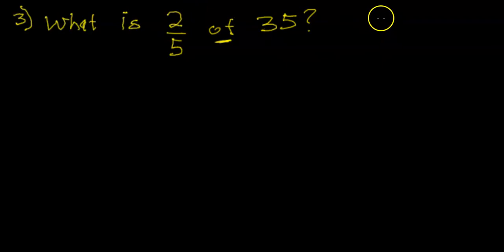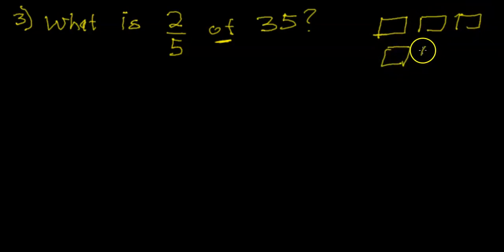It's just like having 5 baskets or boxes here. And then I look at the 35 items, I distribute them evenly. So each box or basket will get how many? 7.